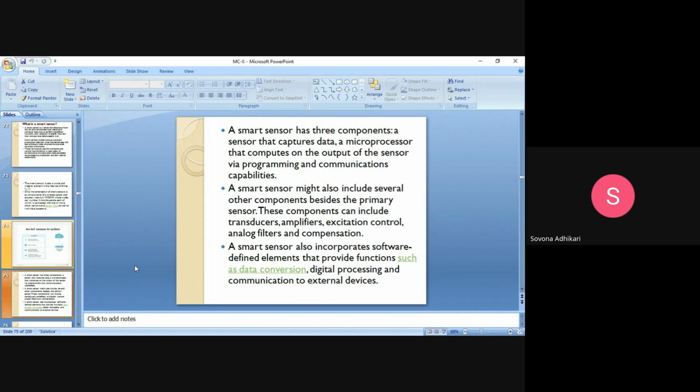Besides this, a smart sensor may also provide different functions, that is data conversion, digital processing of any image or whatever it may be, and communication to external devices. It will communicate to external devices if it senses something.